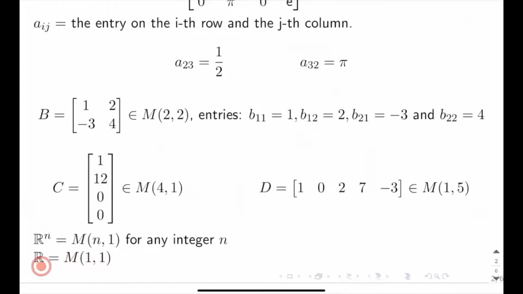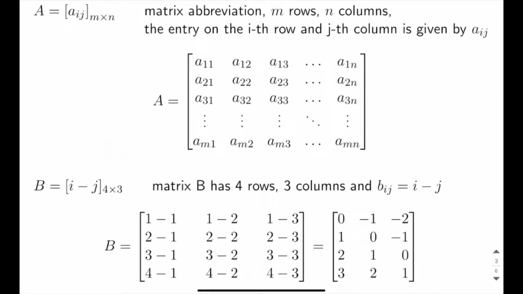Now in the special case when you only have one row and one column, the matrix turns out to be a real number. When we consider bigger matrices, for example of size 10 by 10, or in practice, matrices can go well beyond size 100 by 100, we need notation to write the matrices quickly.